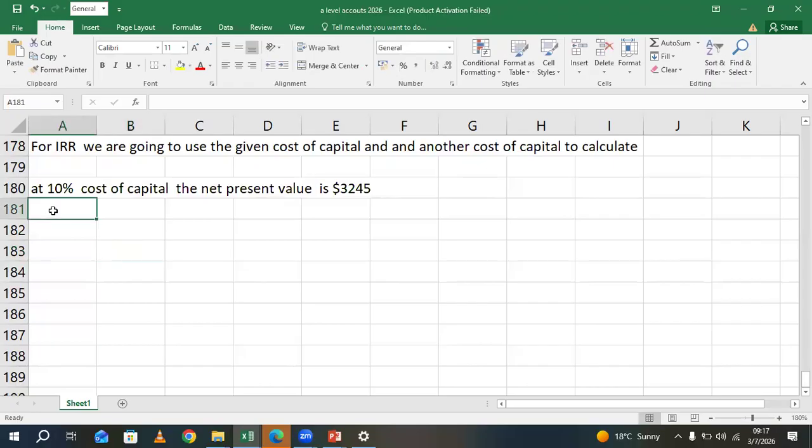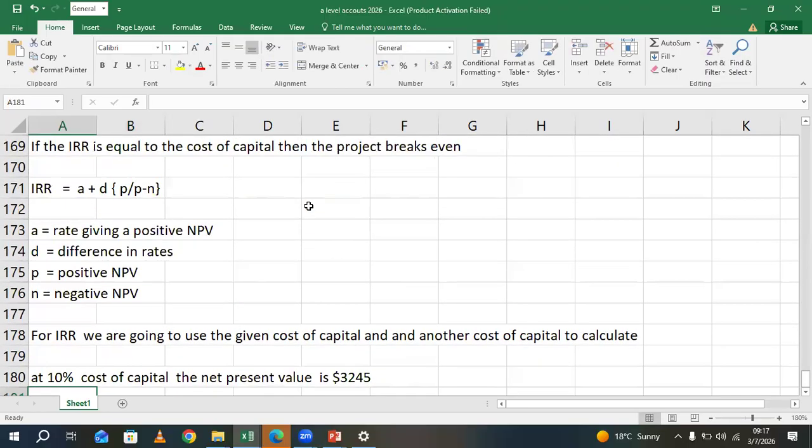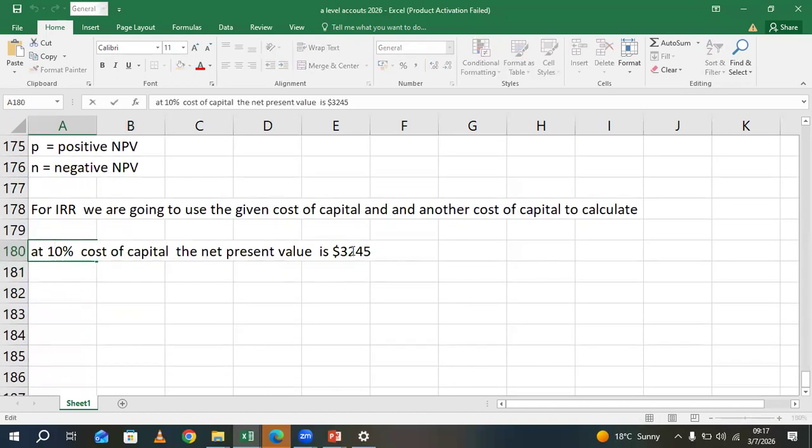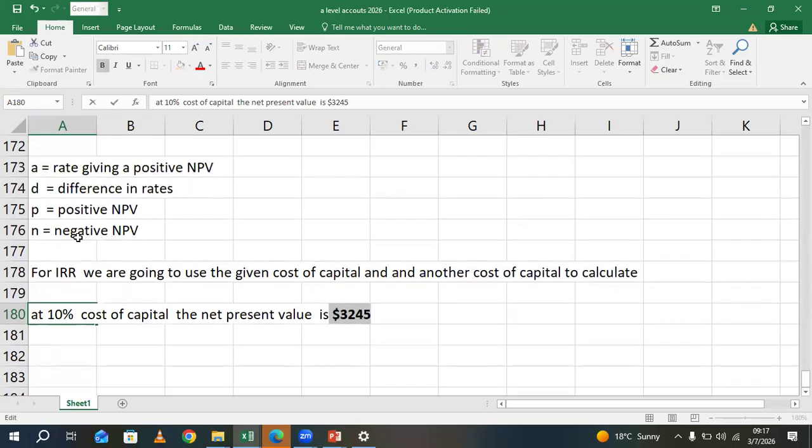So now we want a higher rate. For the formula we need a positive NPV, and we already have the positive NPV. For the negative NPV, we're going to choose any rate, but for it to be negative, it should be a higher rate.